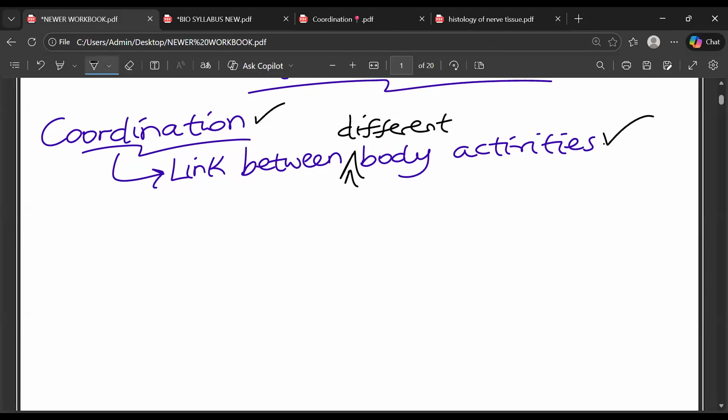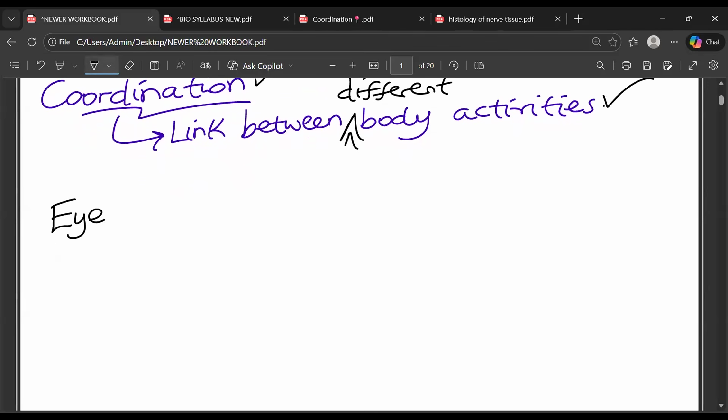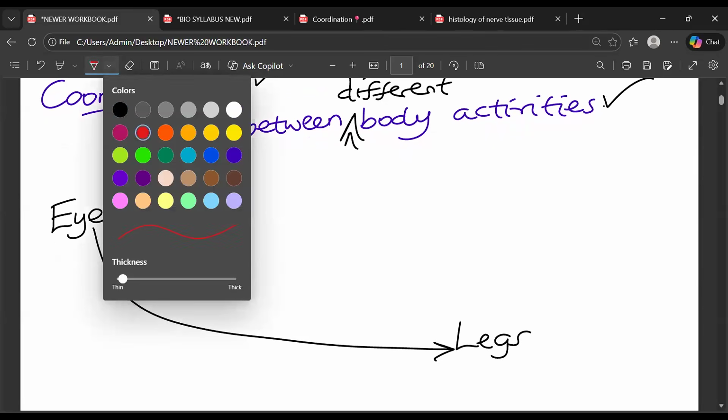But remember, it is the eye that saw that. You get? The eye cannot communicate directly to the legs because it is the legs that are going to run, isn't it? So we have the eye there, or the eyes, and then the legs this side. So what you're supposed to learn is that the eye cannot communicate to the legs directly. All the eyes can do is to look at the legs.